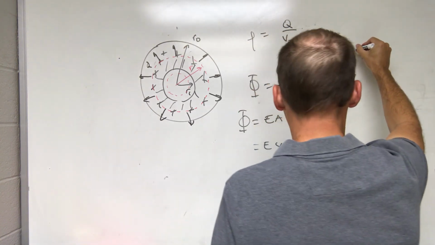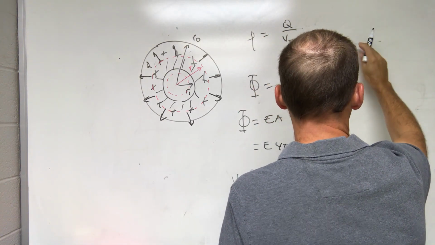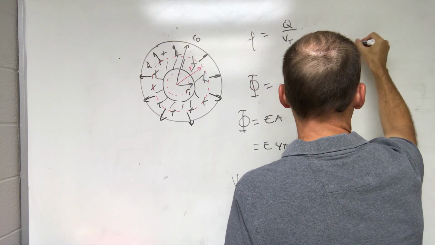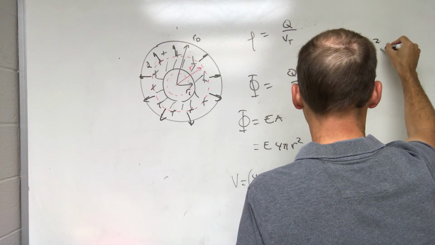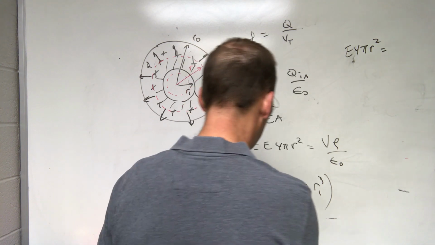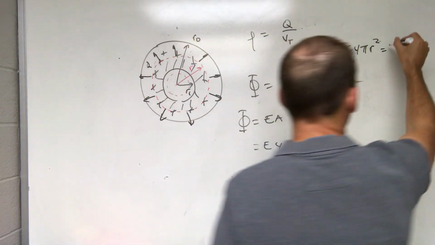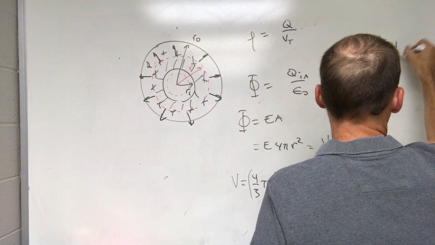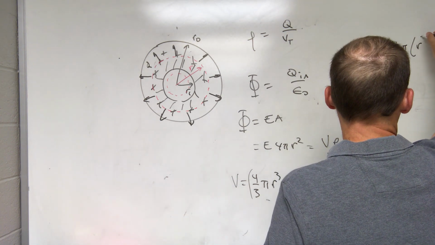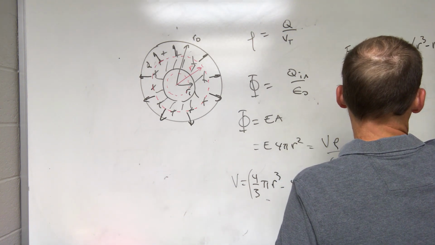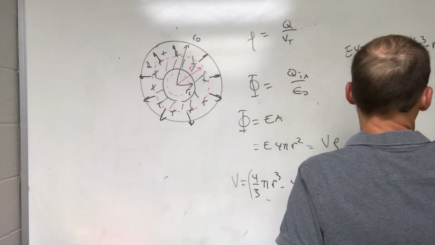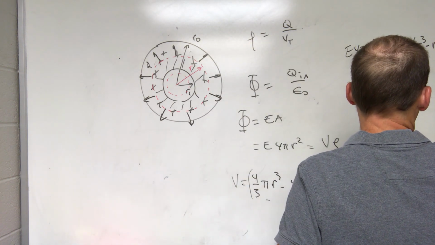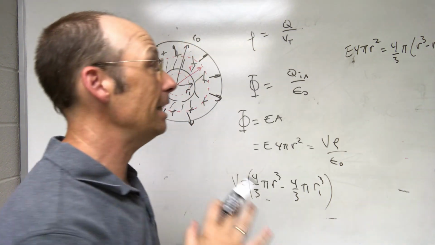Okay, so let's put this together. So I have E times 4 pi r squared equals the volume. I can factor out a 4/3 pi: 4/3 pi times (r cubed minus r1 cubed) times the density, which I'll just put as rho, over epsilon naught. Okay, so that is the answer.